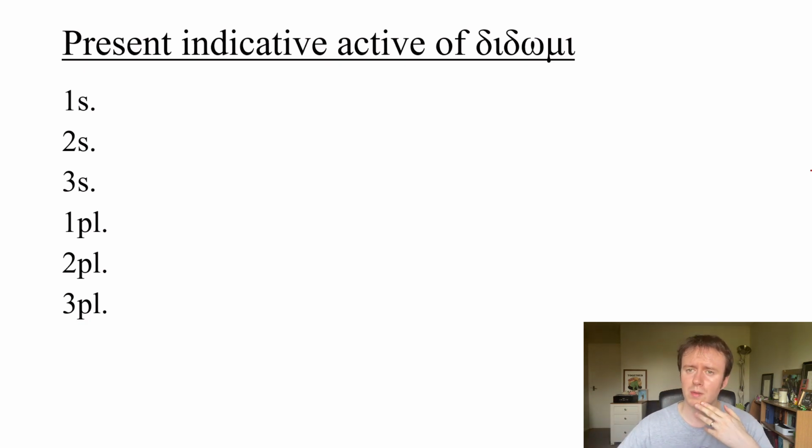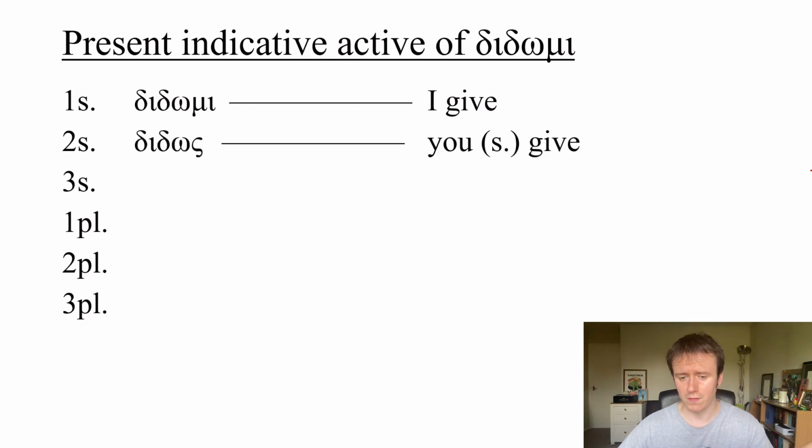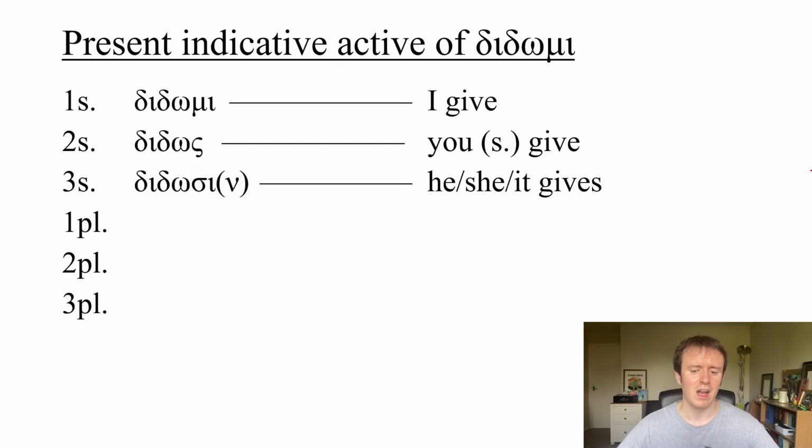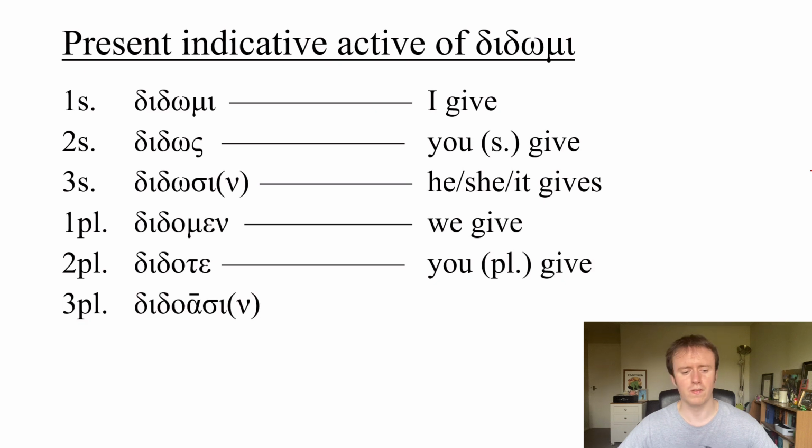And I hope you remember that it goes didomi, meaning I give, then didois, meaning you singular give, and then didosin, meaning he, she, it gives. And after that, it goes didomen, meaning we give, didote, meaning you plural give, and didoasin, meaning they give. So it goes didomi, didois, didosin, didomen, didote, didoasin.